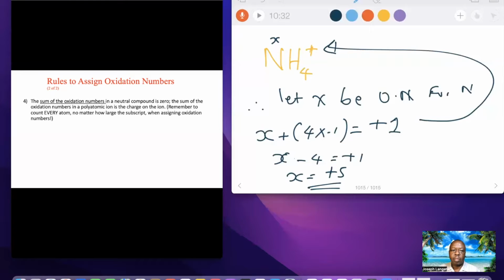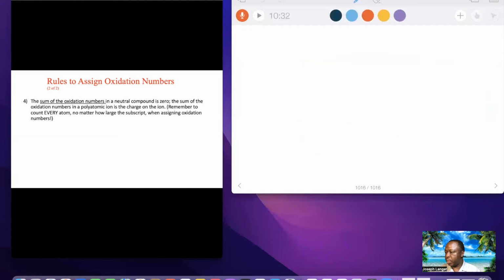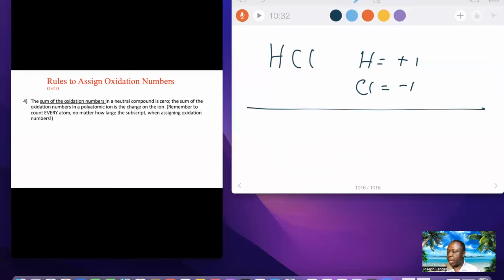Always, hydrogen, all right? When it is the first element, for hydrogen, take note: HCl, hydrogen equals +1, chlorine, Cl, equals -1. This is when it's the first element.